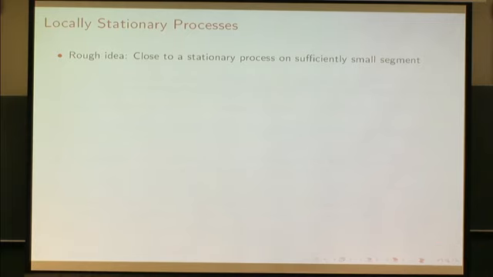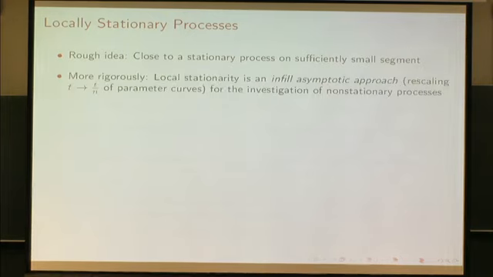Now I summarize this. The rough idea is that a locally stationary process is close to a stationary one on every segment. But this is only the rough idea. To be more rigorous, and this is the narrow idea which I just told you, local stationarity is an infill asymptotic approach, a rescaling of time of the parameter curves.